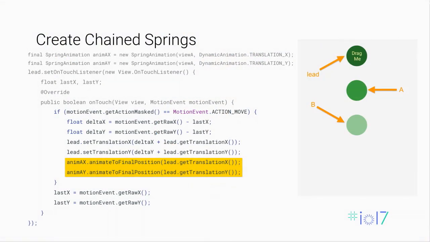If A is already animating, then we're going to update A's final position, so that, if you remember from one of the earlier slides, the way physics-based animation handles target value change, A would eventually, after some course correction, head towards the lead view. And this is how we achieve having A follow the lead. And finally, we're going to update the last position for the motion event for the delta calculation.